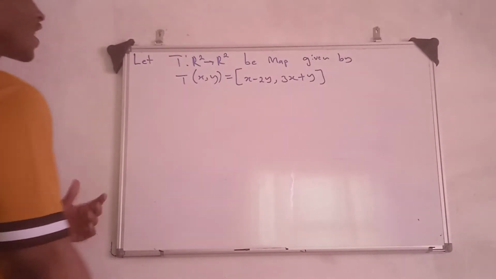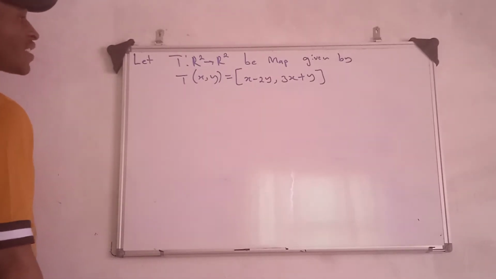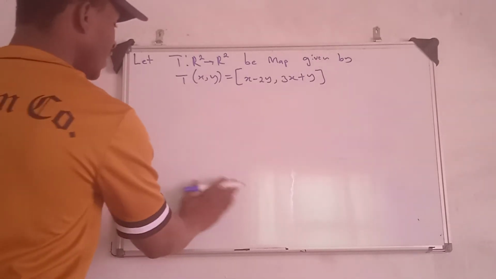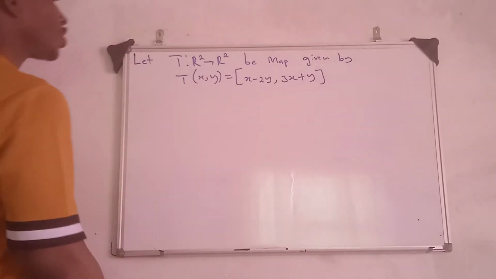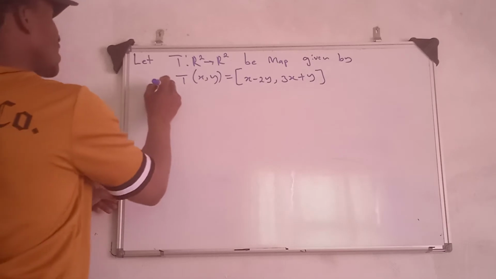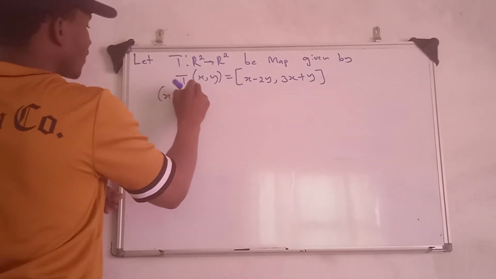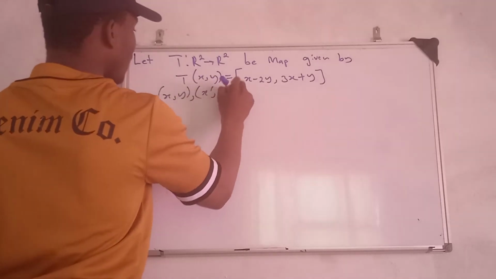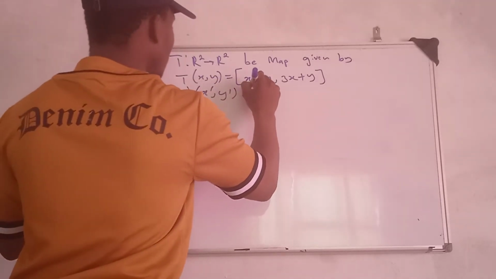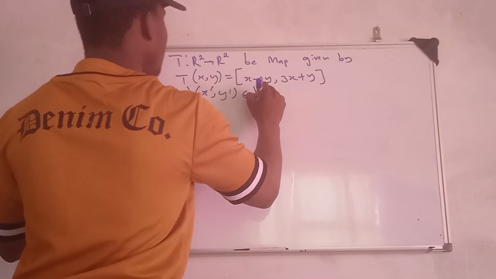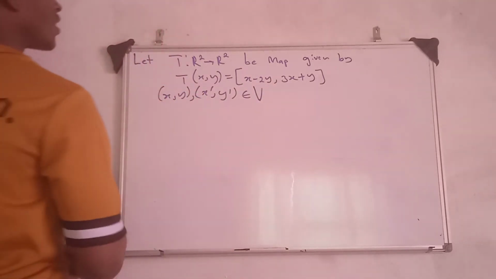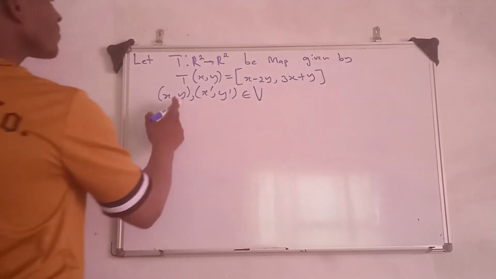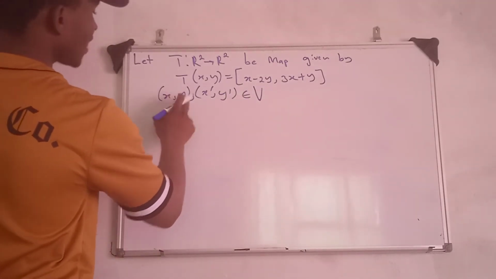Let's say that we are given an example and they say that we must prove that T is a linear map. So firstly, we are going to consider the first condition, but we are going to consider (x, y) and (x prime, y prime), which belongs in V. They belong in the universal set of V. So wherever I'm seeing x, I'm going to substitute (x, y).